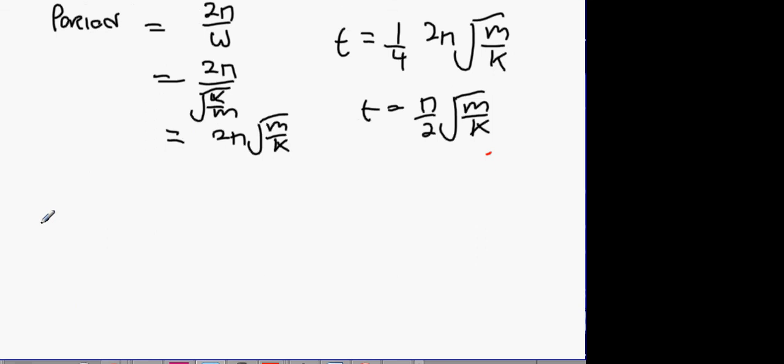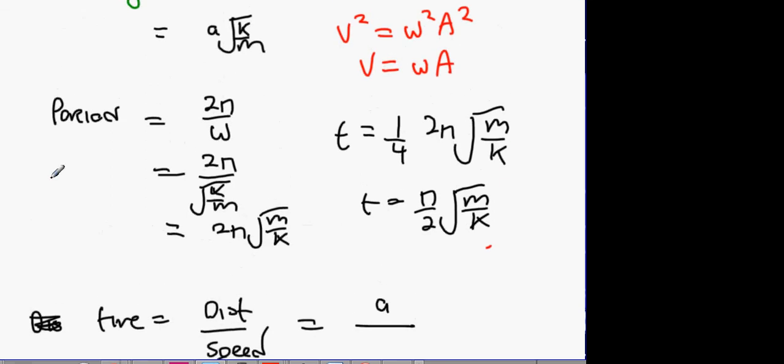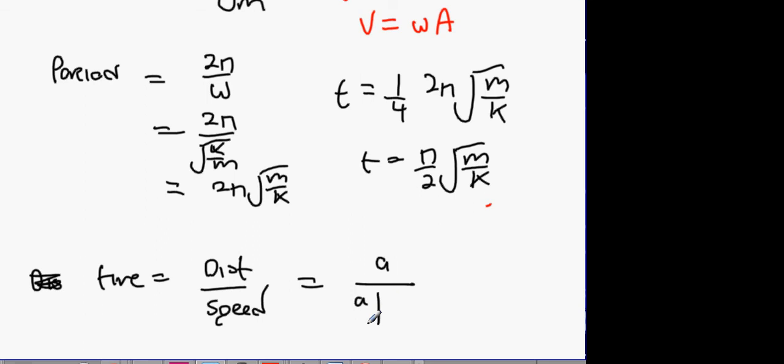In this case, its distance is a, and it's going to be divided by the speed we got earlier, which is a root k over m. The a's will cancel. We'll turn that square root sign upside down, and it's going to be root m over k. Alright? Because there's no acceleration involved.